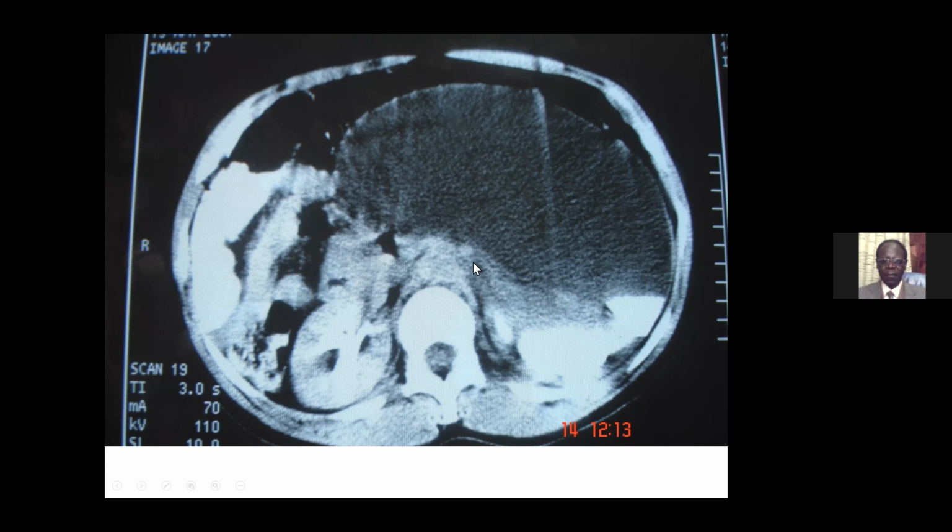It is inflamed, becomes bigger, and pancreatic juice drainage becomes a problem because now it is not functioning properly, and it continues accumulating and accumulating into the pancreatic pseudocyst.